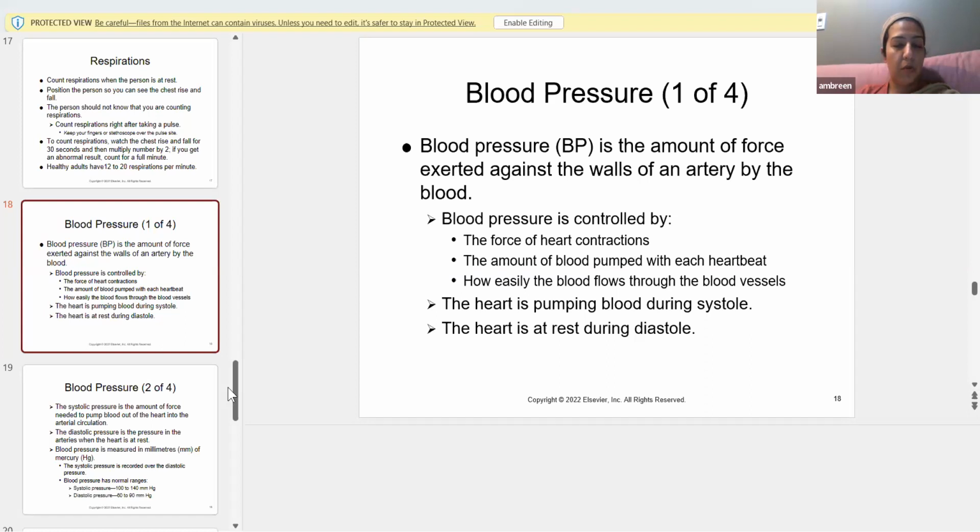You don't need to know too much. You only remember that when our blood is flowing, in systole, the blood is moving to all the organs. When our heart is at rest, blood is coming from other organs to the heart, that is diastole.